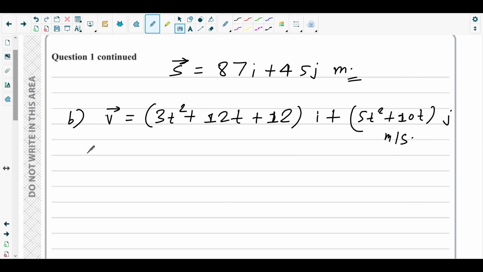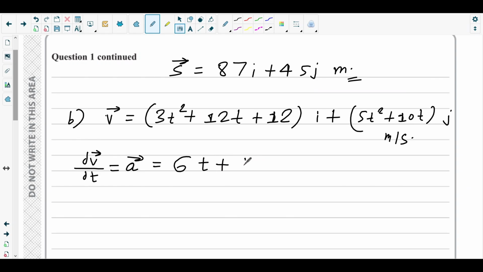Okay, now we will differentiate the velocity vector to get the acceleration vector. For 3t squared, the power of the variable gets multiplied with the coefficient. So 3 times 2 makes 6, and then we subtract 1 from the power, so t to the power 2 minus 1 is just t.